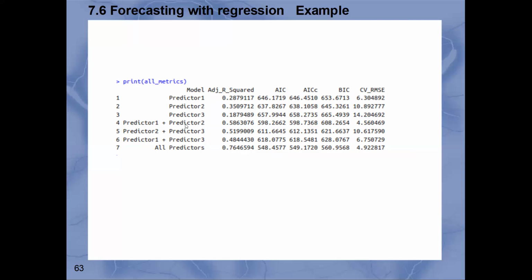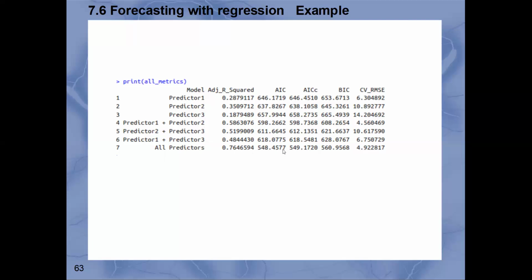If we use just 1 and 2, we see that the R squared value does better. And if we use 2 and 3, the R squared value does better. And if we use 1 and 3, it does not do as well as the other 2 combinations, but it does better than any of the single predictors. And if we use all the predictors, then of course the R squared value is fantastic, or at least the best that it's been for any of them.